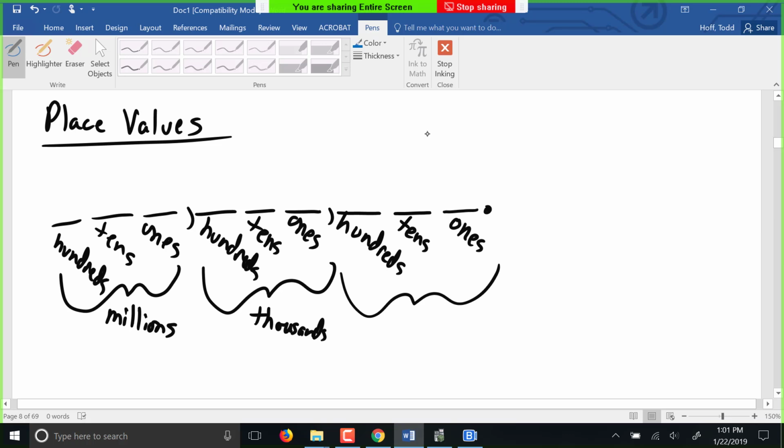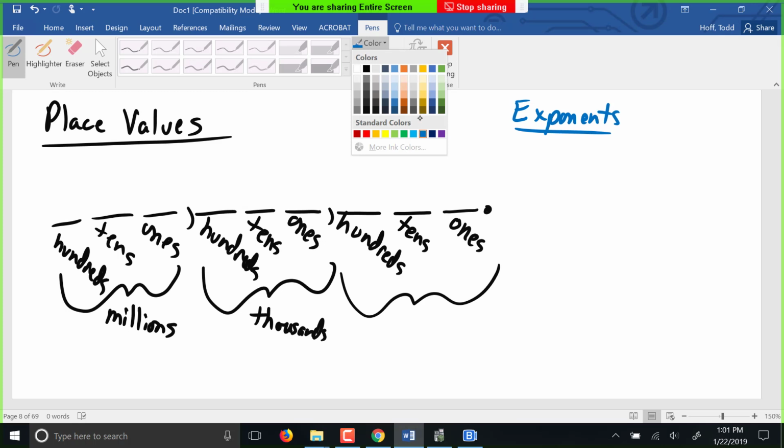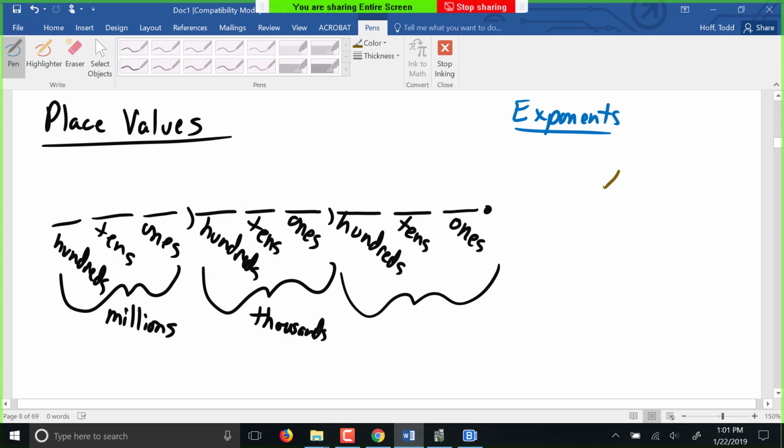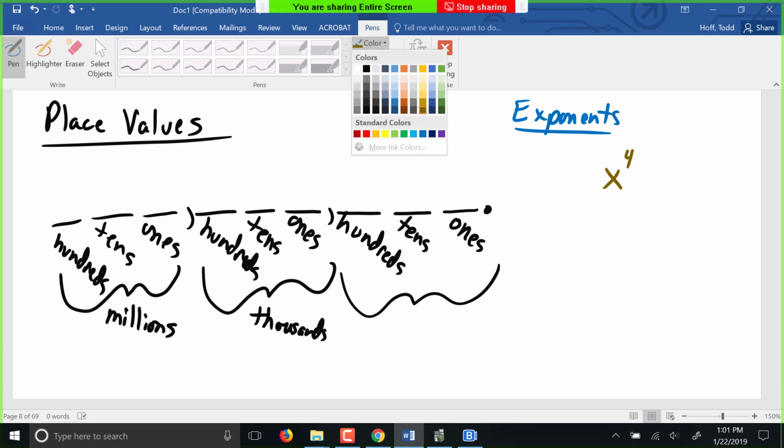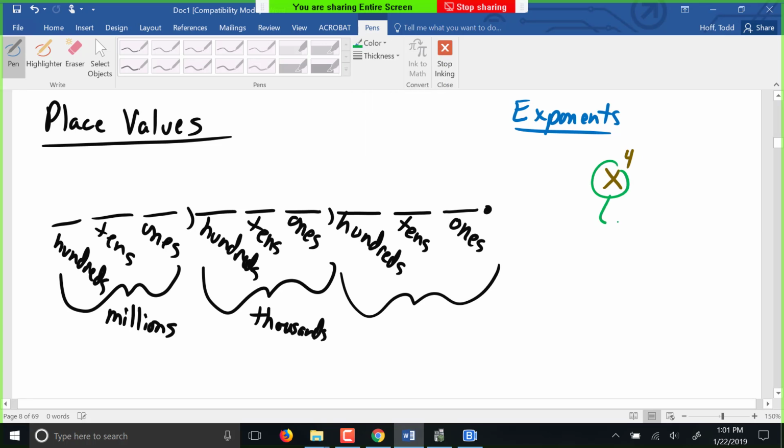We've talked about exponents. Having those 2 parts, having x to the 4, having a base, and then having the power.